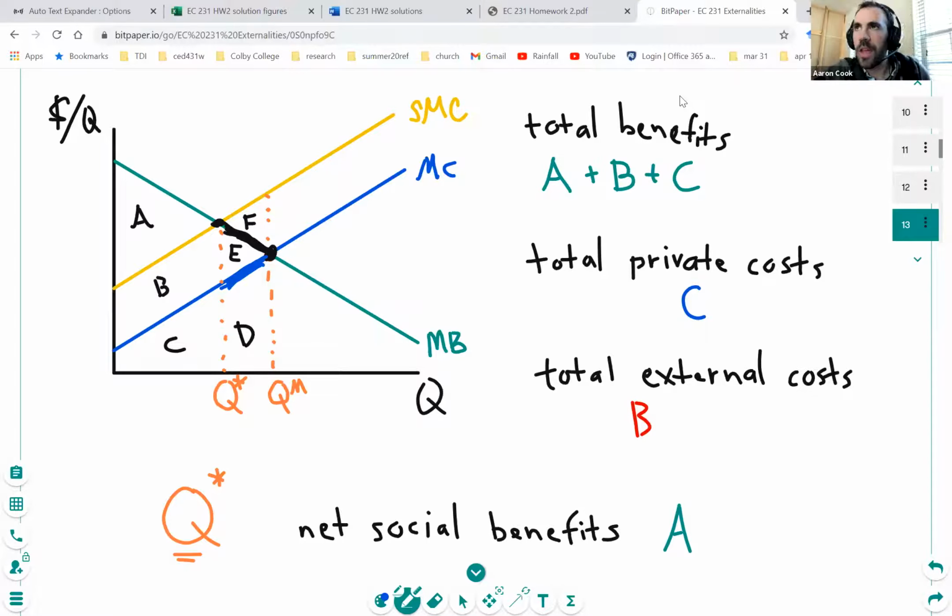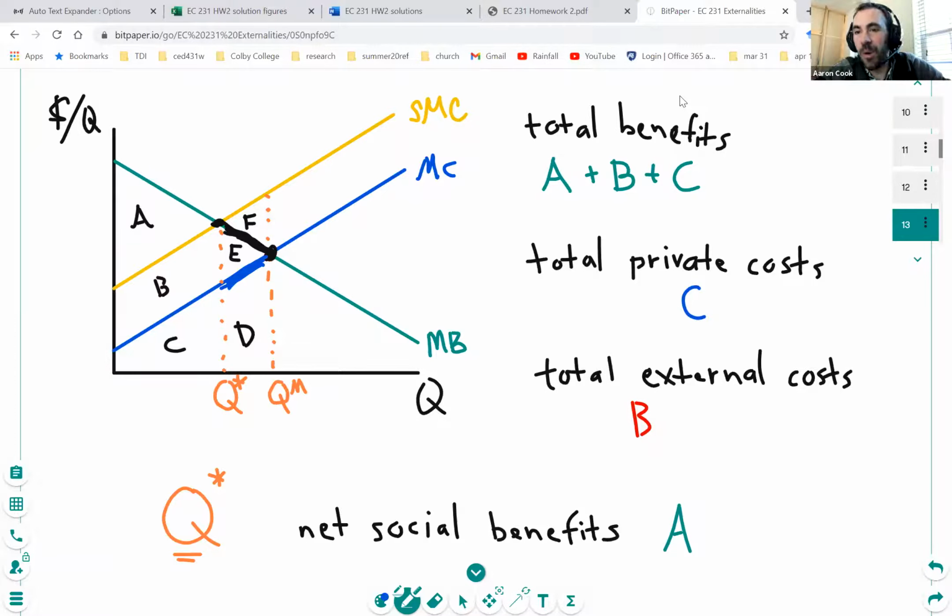Now, this is kind of a picture of the market as a whole. So there's a lot of different sellers, a lot of different producers. Any individual producer is going to represent a very small sliver of the market. So maybe an individual producer looks around and says, this good that we're producing has some social costs associated with it, some external damages.